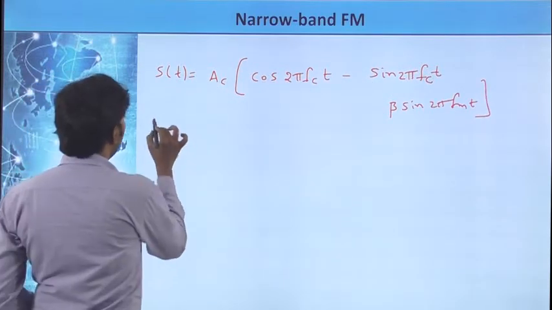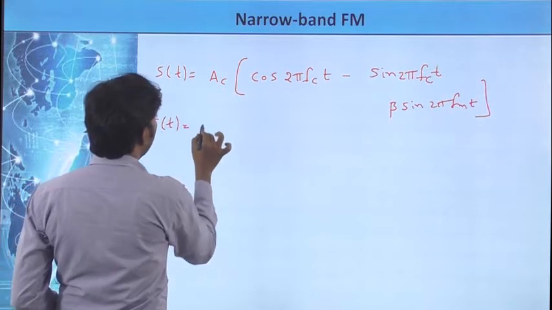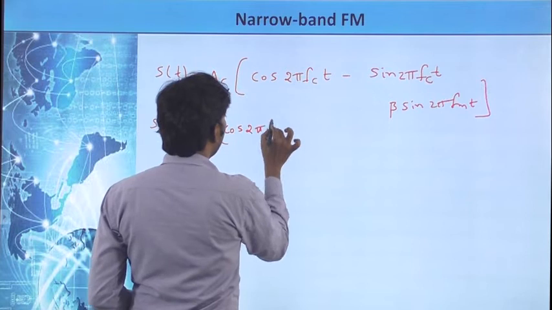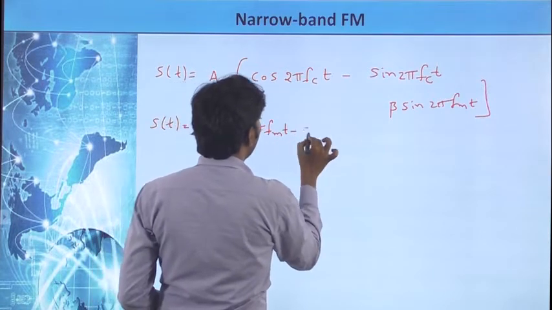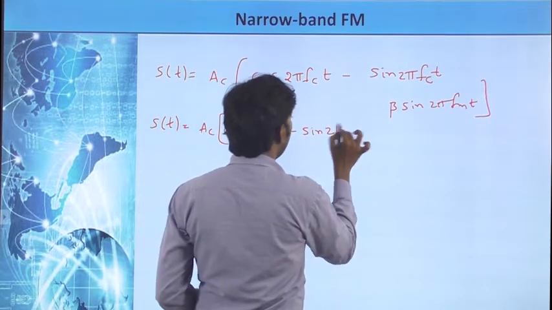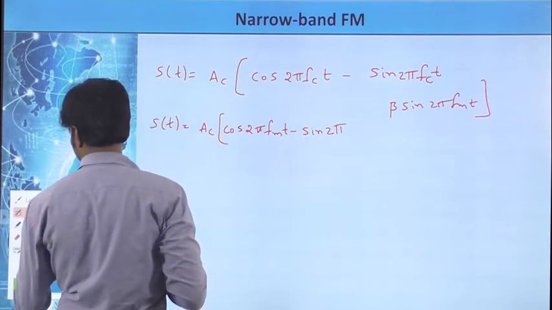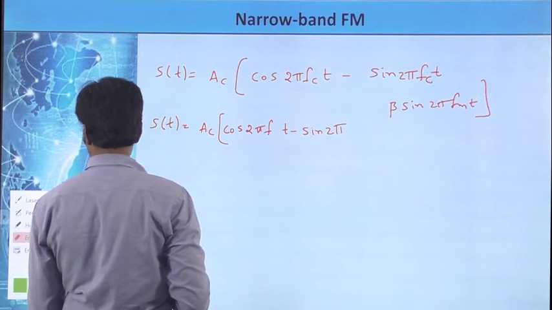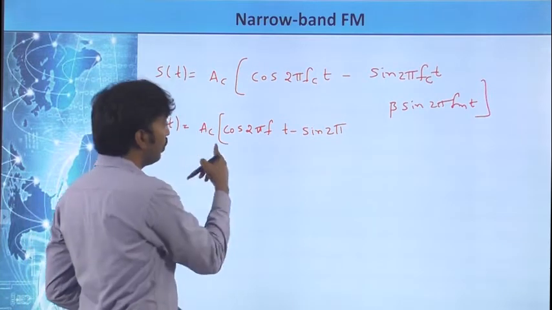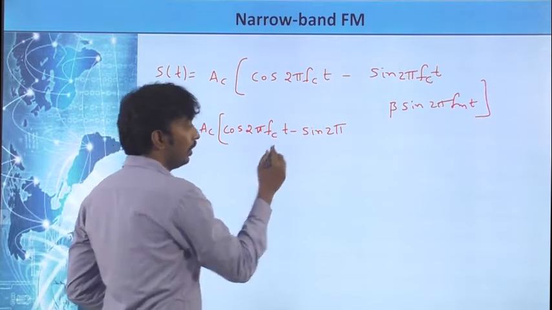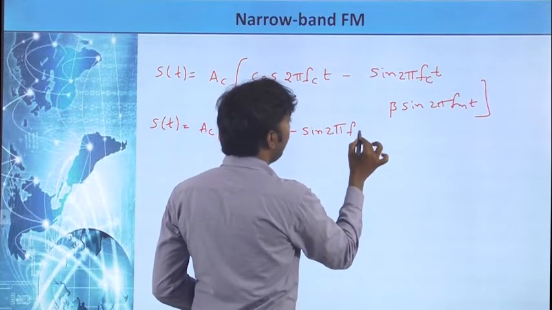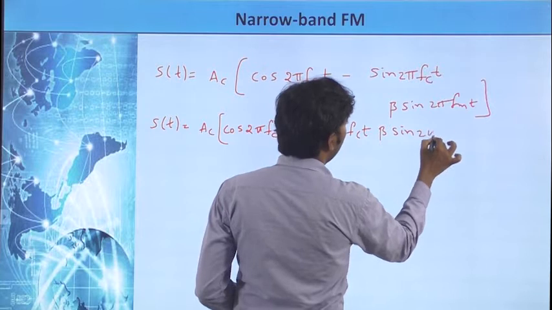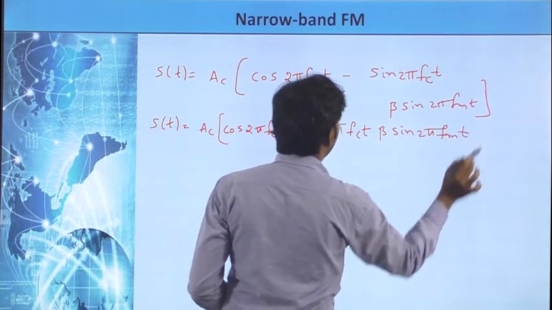I am going to find the final expression of S of t: AC cos 2 pi FCT minus sin 2 pi FCT. I am simplifying the expression. S of t is equal to AC cos 2 pi FCT minus sin 2 pi FCT beta sin 2 pi FMT.